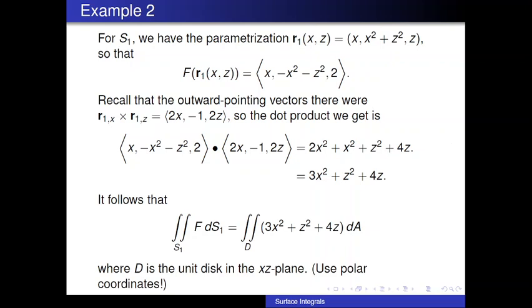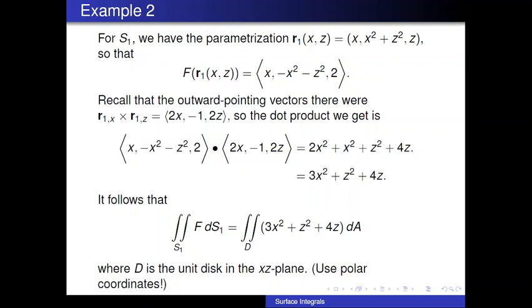And so then the surface integral of the vector field f over the first surface S1 can be computed as the double integral of this function over the unit disk in the xz plane. And this would be a very crucial time now to switch to polar coordinates, now that you actually have to do this integral. So now we'll pay that polar coordinate tax, okay?